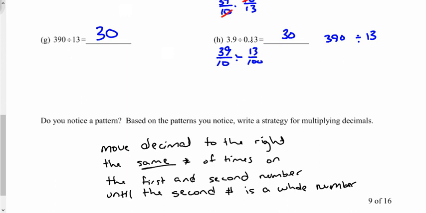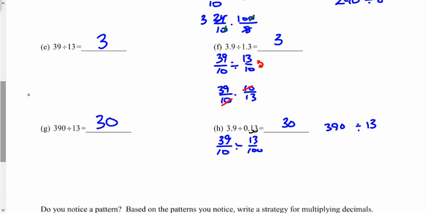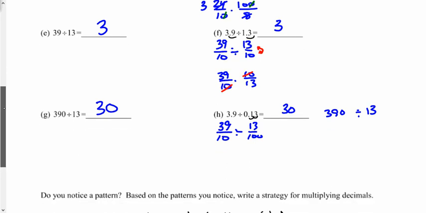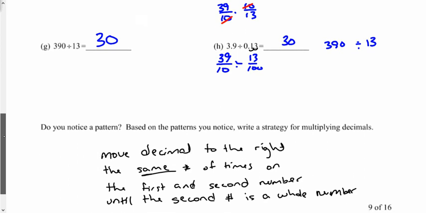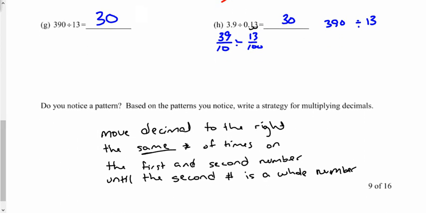We want to divide by whole parts. So if we move this 2 places, then we have to move this one 2 places. If we only need to move it 1 place, then we're only going to move this one 1 place. It's actually okay to have a decimal still left over in the first number. It's the second number that you want to turn into a whole number.